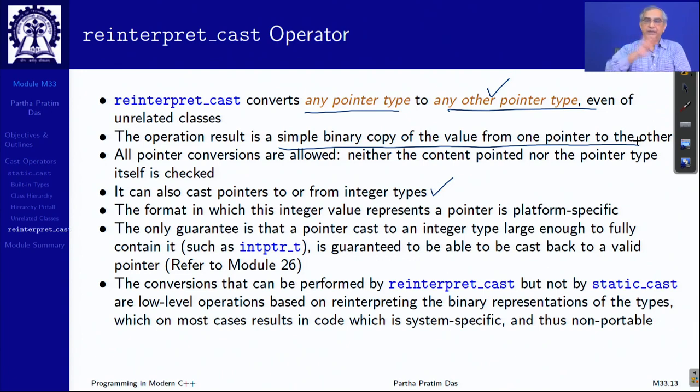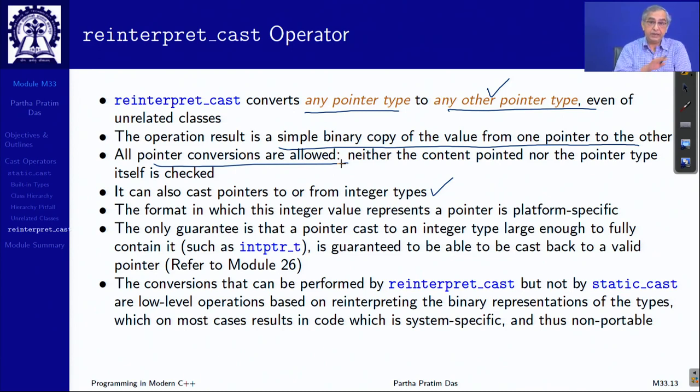So, it just erases the source type, puts the target type. Right. So, all pointer conversions are allowed in terms of reinterpret cast, but it does not take cognizance of any of the pointed content or any checking on the pointer type or anything of that.